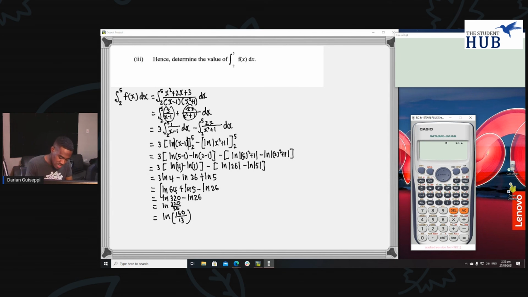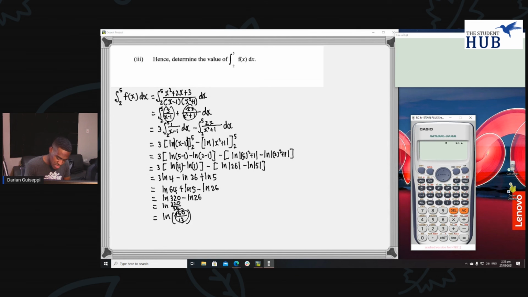Remember that ln rule, and you would get ln of 64, and then we could actually bring the ln of 5 together with the ln of 64, and we know when we add ln terms, you could multiply this by this, right? So that is what I did here, and I got ln of 320 minus ln of 26, and then you have the next ln rule, which says that you could take this and divide it by this, right? The 320 divided by 26. So that's basically what we did here.